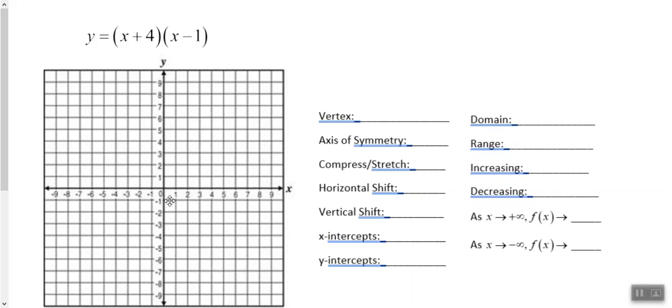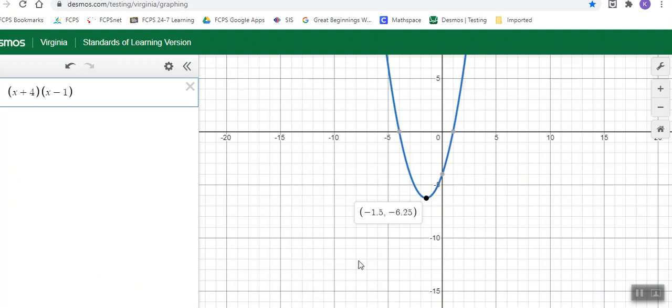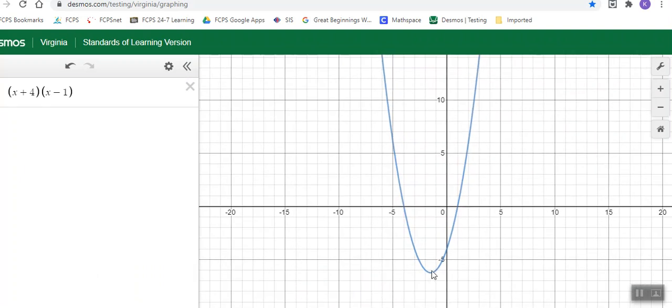So once you've unpaused the video, I have this one graphed, and I have my 5 points. Now my vertex was a decimal. I will switch back to Desmos to show you. So again, my vertex is at negative 1.5, negative 6.25.